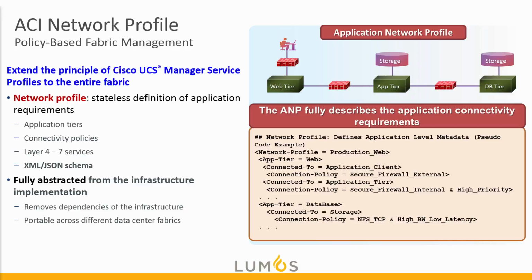But the idea of the UCS Manager many years ago brought this idea of abstraction to where we were no longer programming the network card MAC address, the BIOS, the hard drive RAID controller directly on the blade or rack mount server any longer, but we were programming and configuring an abstraction of a service profile, we called it. So we're doing the same thing now in Cisco ACI, but we're doing it with a network profile.